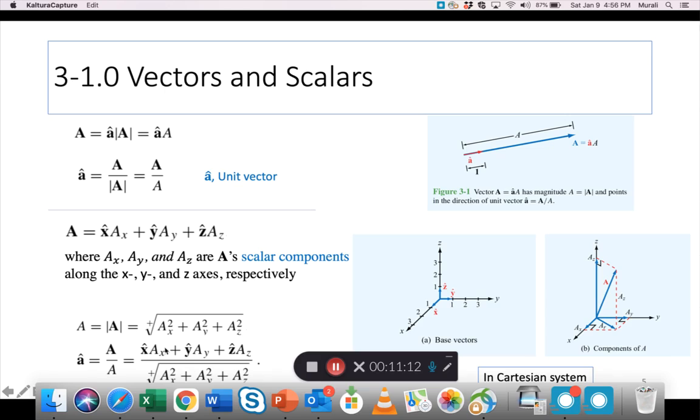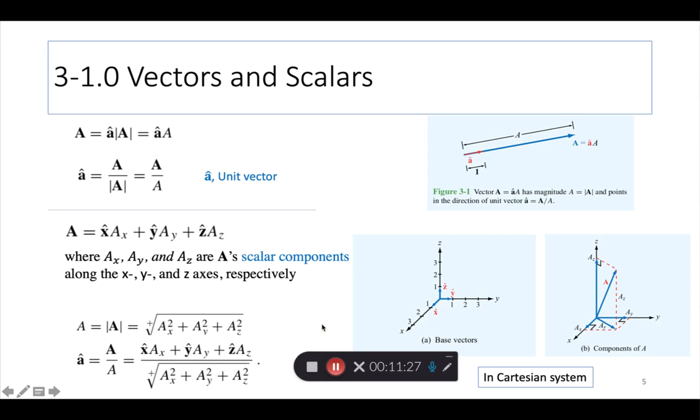Okay, so basically you're taking the original vector and just dividing it by its magnitude. So it still is a vector and it still has three components in three directions, x, y, z, but it's different from the original vector. As we do more problems, you're going to get used to all this. So let's move on.